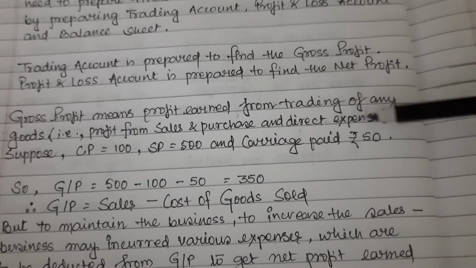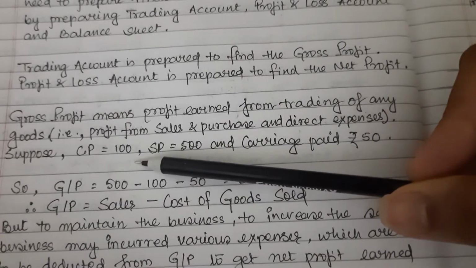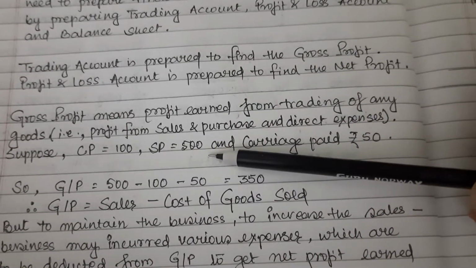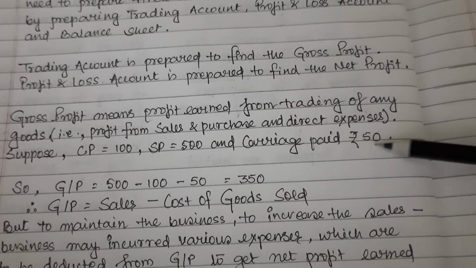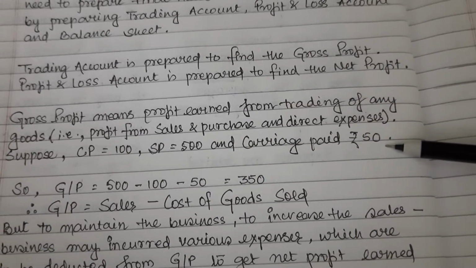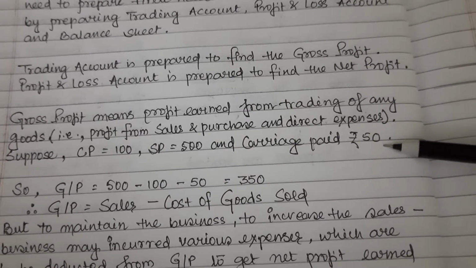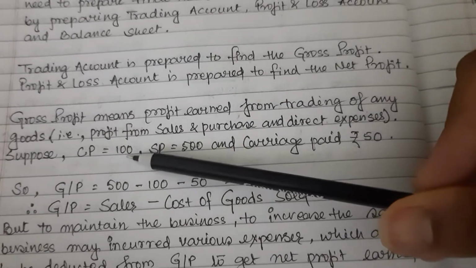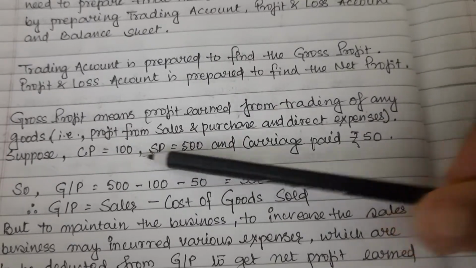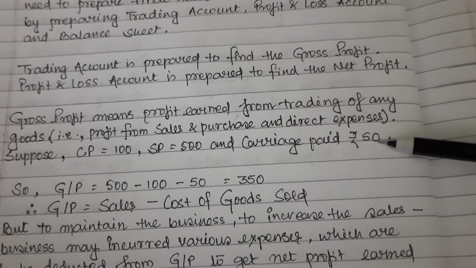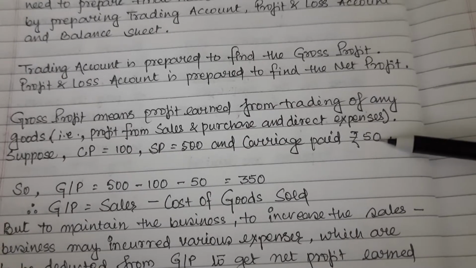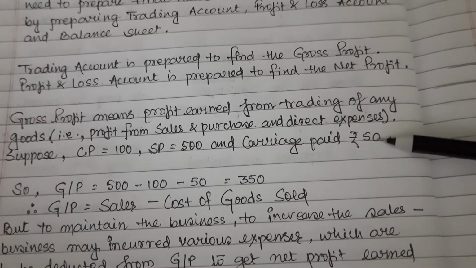expenses. Suppose the cost price of the goods is 100 and selling price is 500, and you paid a carriage of rupees 50. That means after purchasing those goods, to get that good in sellable condition, you took that goods and paid carriage for that. So cost price will be 100 plus 50, because you have incurred expenses for purchasing those goods, carriage on purchase.